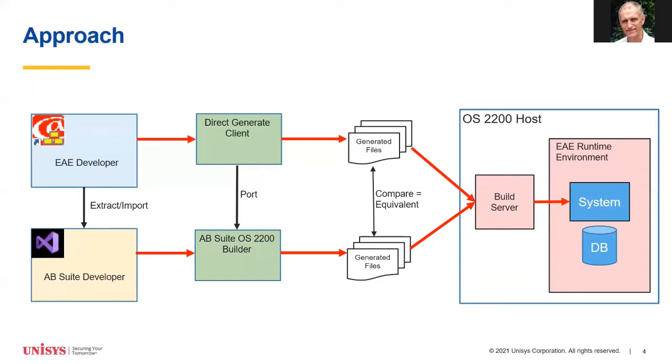However, the EAE runtime and the EAE generated COBOL doesn't support methods in iSpecs and reports, or method parameters or method return values. Therefore, AB Suite for OS 2200 doesn't allow methods in iSpecs and reports, and doesn't allow method parameters or return values. You can only have methods under the segment, and they can't have parameters.